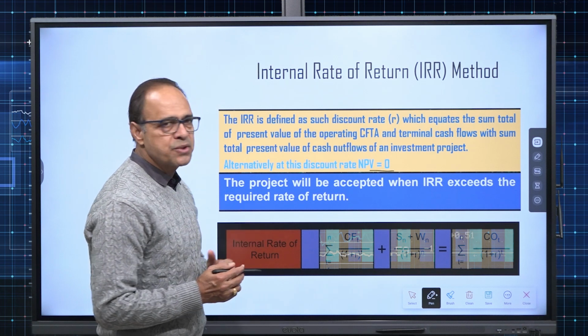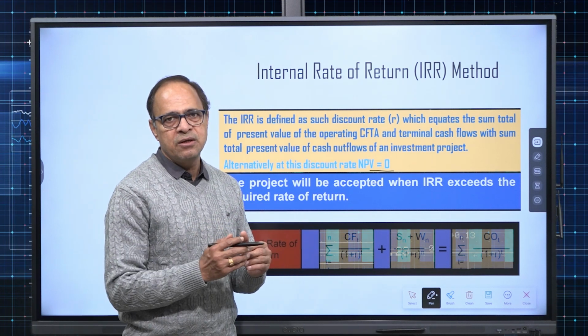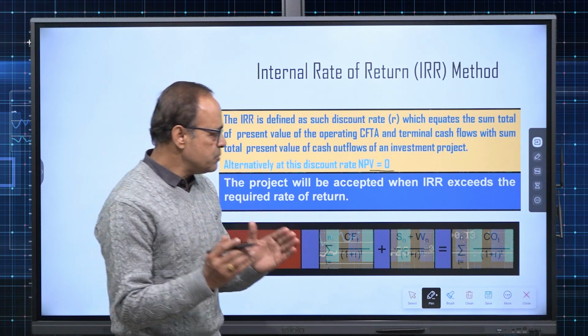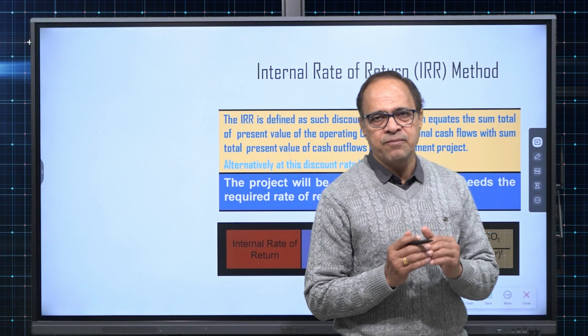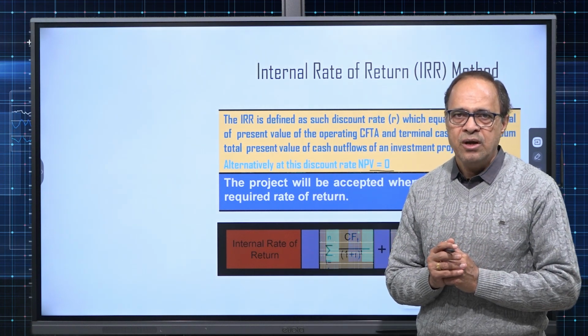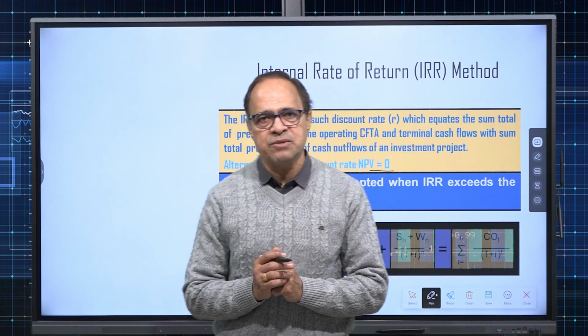Now, the question comes, what is the rule for accepting or rejecting a project? Every businessman assigns a cut-off rate. By cut-off rate I mean minimum required rate of return. How much minimum return is expected while making an investment?